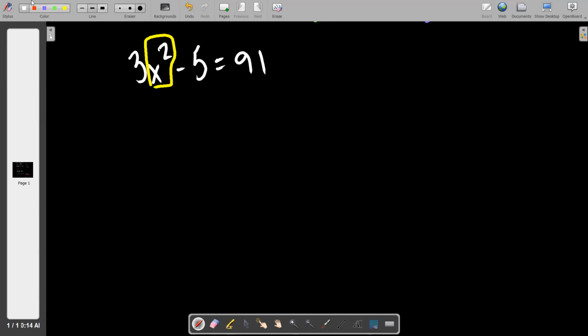So there will be no square rooting shenanigans until you've gotten the yellow box by itself. So step 1 is to add that 5 across and get 96. Step 2 is to divide by 3, and you wind up at this juncture. And this is generally where you should get to when you now have to do your thing. And your thing is taking the square root of both sides.